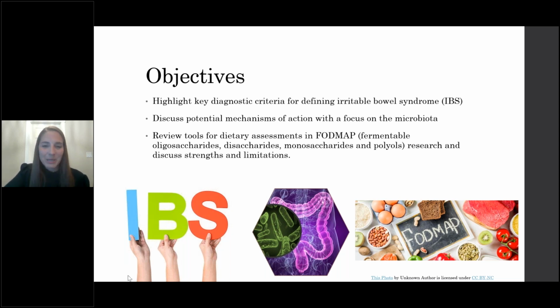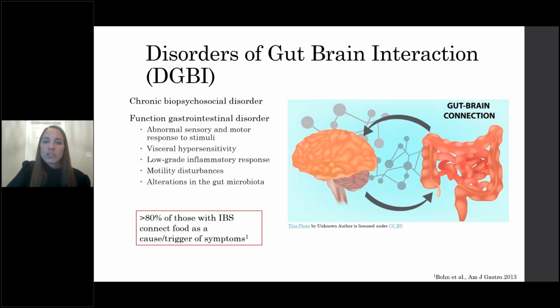So I'm excited to be able to go through all of this with you over the next 25 minutes or so. Just to start, I do want to classify what irritable bowel syndrome is. This is most recently classified as a disorder of gut-brain interaction. Sometimes you might see this described in the literature as a chronic biopsychosocial disorder or a functional gastrointestinal condition.